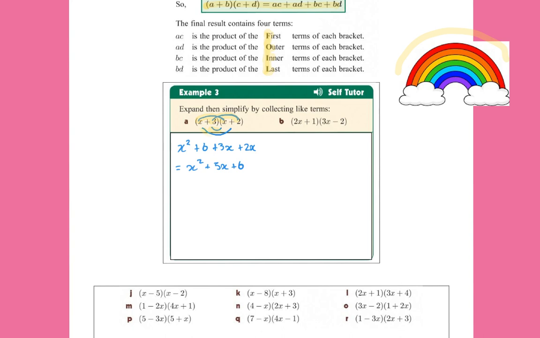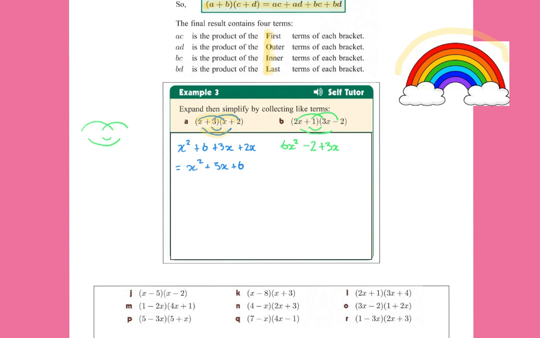So I start on my first two. 2x times 3x gives us 6x squared. 1 times negative 2 gives us negative 2. 1 times 3x gives us 3x.